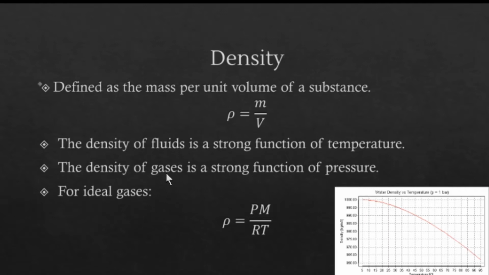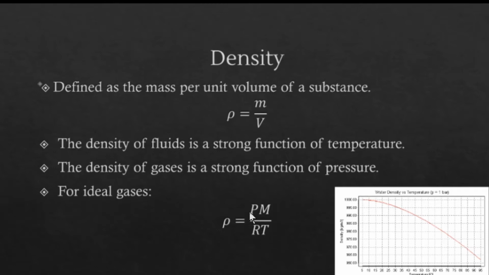For gases, their density is a strong function of temperature and it's also a strong function of pressure because gases are compressible substances. For example, if you take a look at our equation for density for ideal gases, we have pressure times molecular weight divided by the universal gas constant R divided by the absolute temperature T. The density is directly proportional to pressure but inversely proportional to temperature.